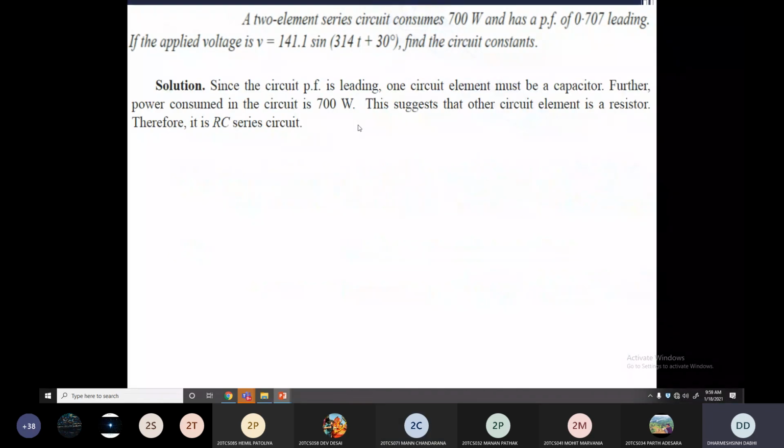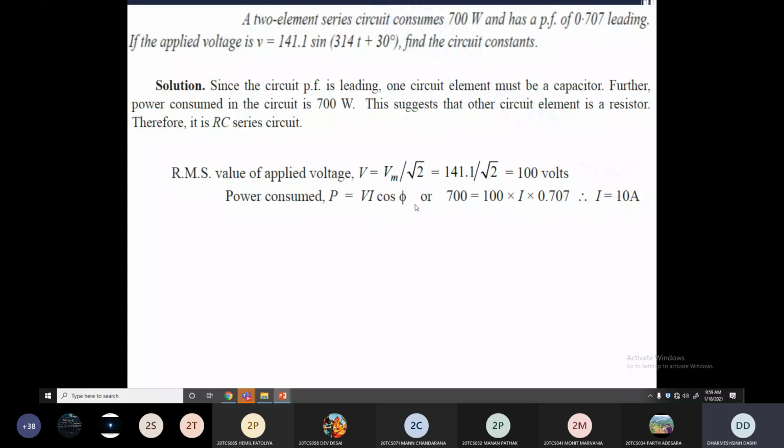Vm by root 2 is 141.1 divided by root 2. How much? It is 99.77, almost 100 volt. Clear? So 100 volt is the RMS value.